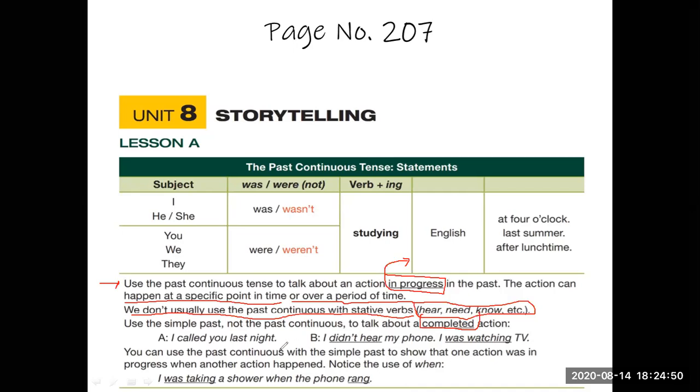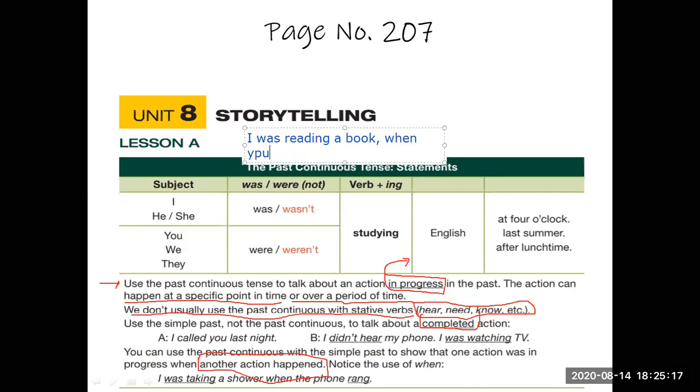You can use the past continuous with the simple past to show that one action was in progress when another action happened. I can say, I was reading a book when you called me. Let me give you that example to see the combination of these two grammars. I was reading a book when you called me.